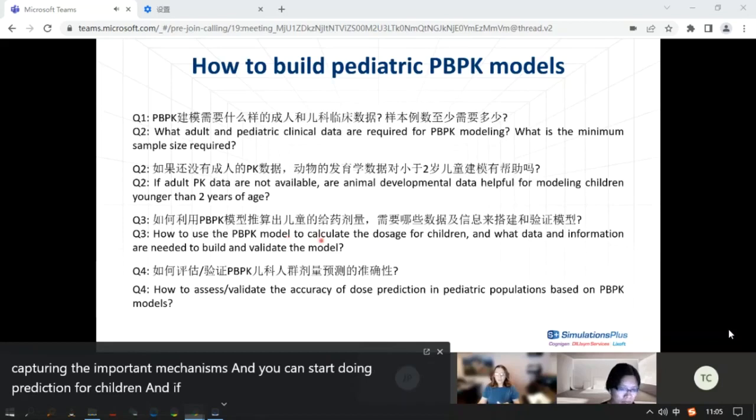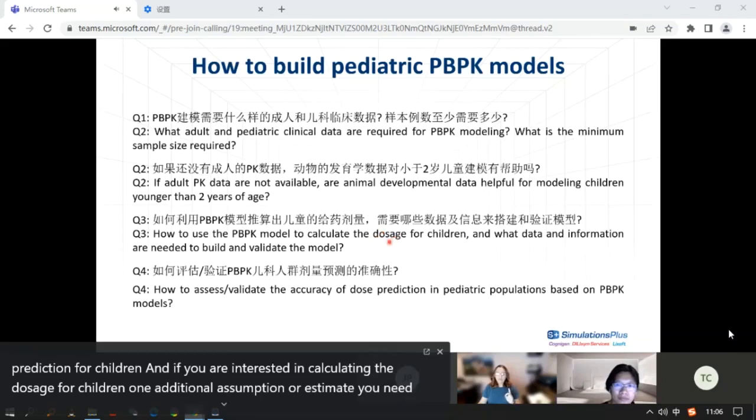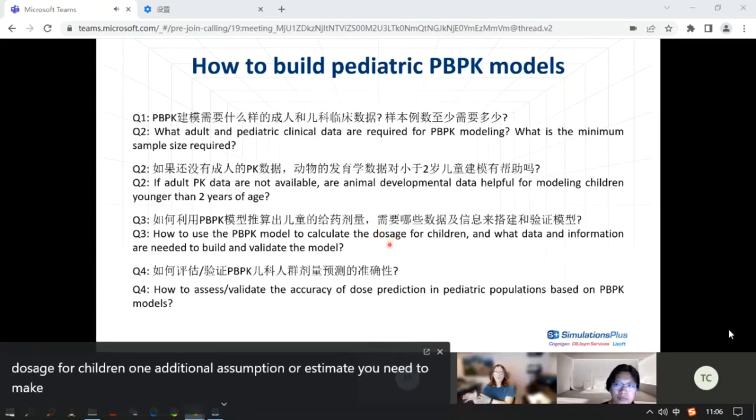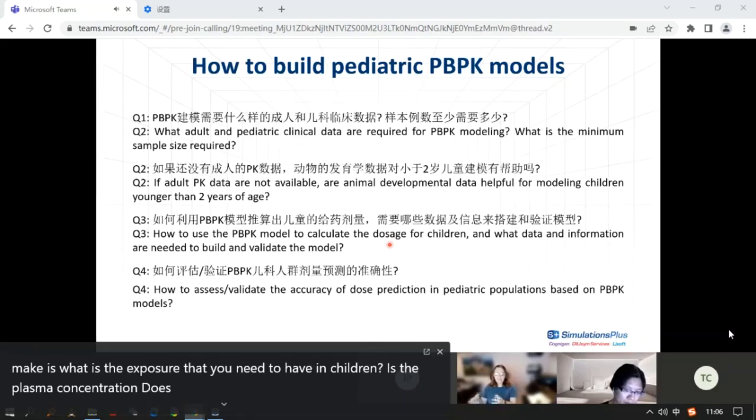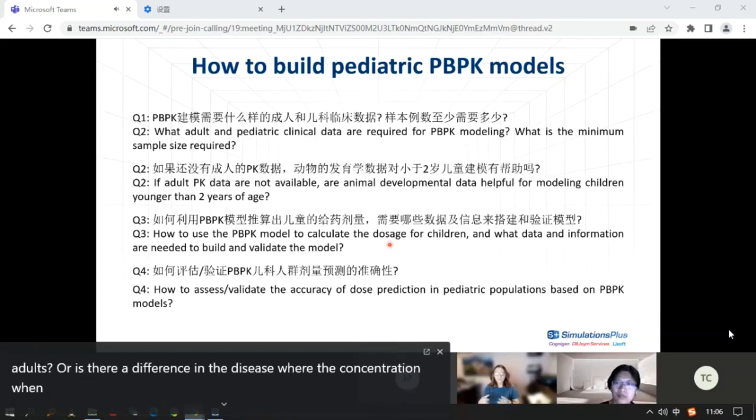And if you are interested in calculating the dosage for children, one additional assumption or estimate you need to make is what is the exposure that you need to have in children? Is the plasma concentration, does it need to be in the similar range as in adults? Or is there a difference in the disease where the concentrations in children need to be different?